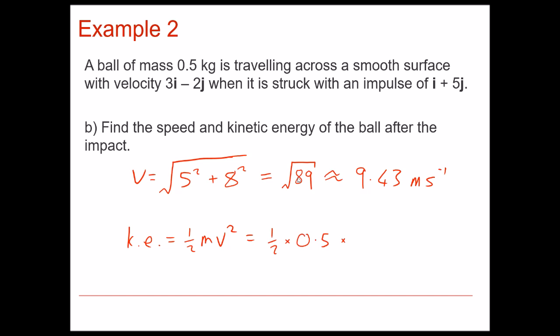Well, if I know that the speed itself is the square root of 89, that means that the speed squared is 89. So I don't lose any accuracy there. That's a nice little thing to do. And so that works out as about 22.3 joules. Again, that's to 3 significant figures.